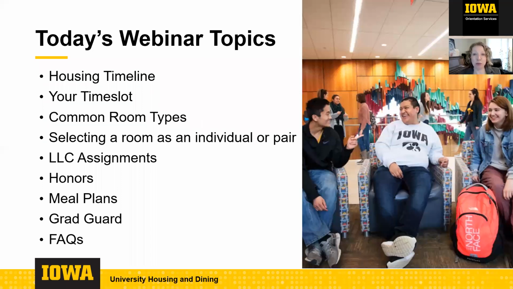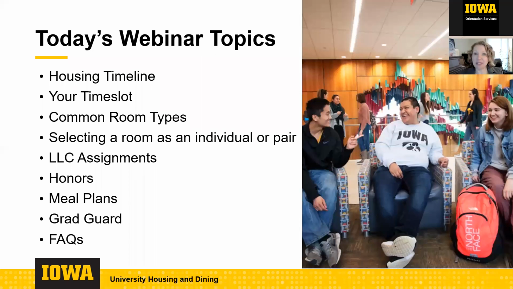First and foremost, we're going to give you a quick snapshot of the housing timeline, so we're all on the same page with what is happening when. Second, we'll talk about your time slot. We'll then discuss what our common room types are so you can be prepared. We will talk about how you select a room as an individual or as a pair.